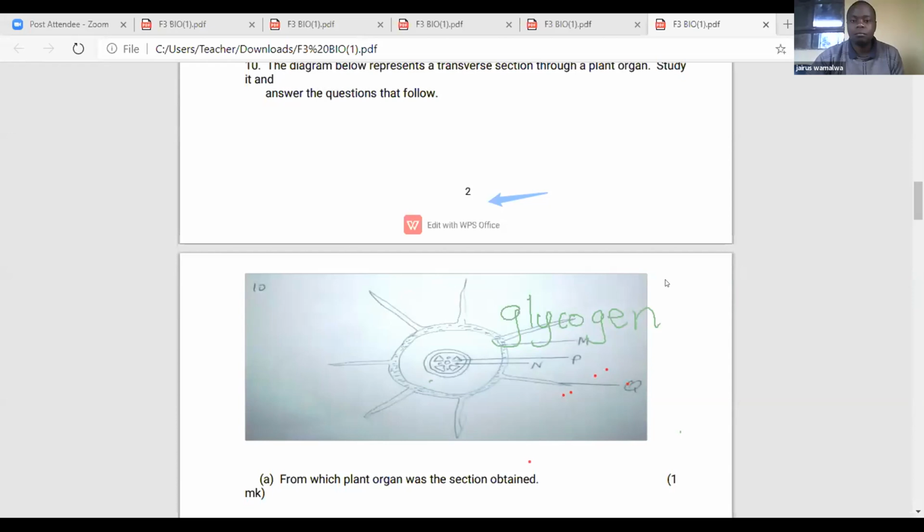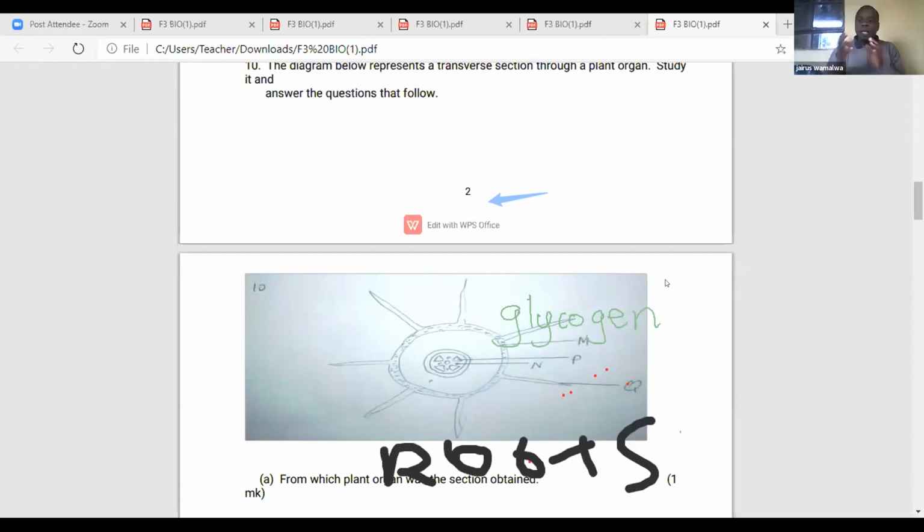The root. Sometimes you are asked just from which plant organ, and then someone can get confused and write dicot or monocot root. If you are not sure of the class to which it belongs, write the root and move on.